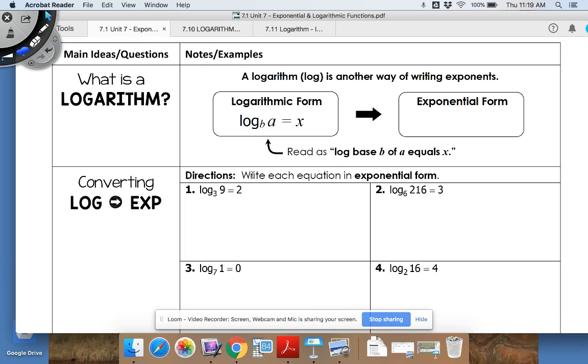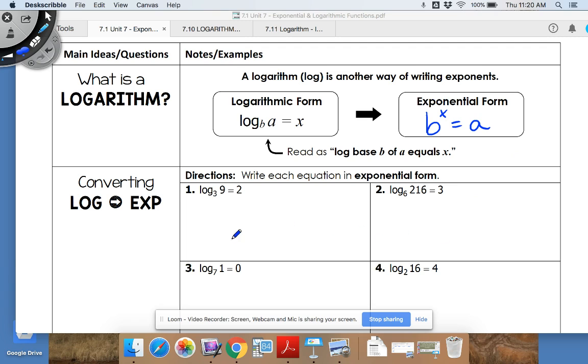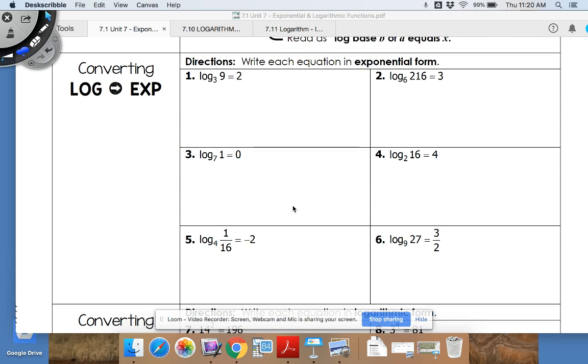So on your actual notes, it'll look like this. We already went from logarithmic form to exponential. Exponential is b to the power of x equals a, or the answer. And so we're going to just practice converting from logs to exponential form.